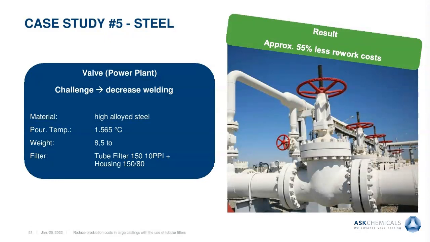To reduce it, we recommended using tube filters and housings. After proper installation, simulated beforehand with the 3D data from the customer, who normally used simulation for their castings, the foundry experienced no significant increase in the pouring time, as was previously requested, and the filling of the mold was very smooth.